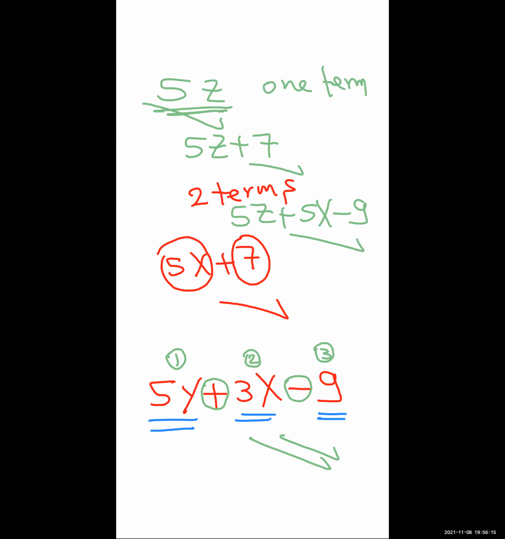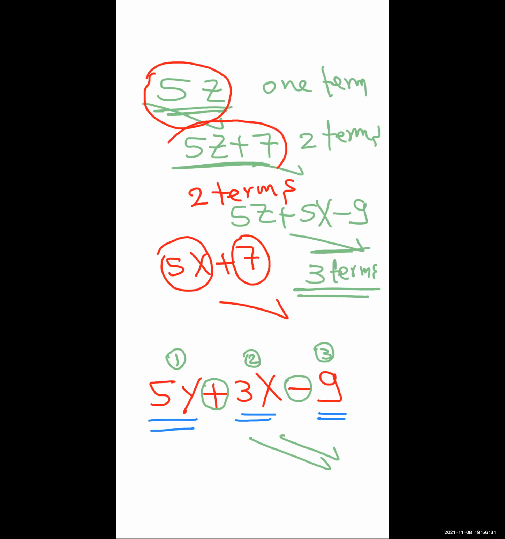Here, two terms. Here, three terms. Okay? So the difference between the three expressions is that the first expression is only one term, the second is two terms, the third is three terms. Okay, guys? Are we clear about that?